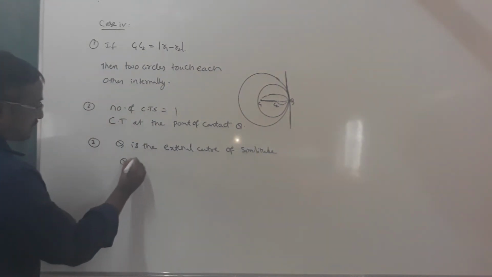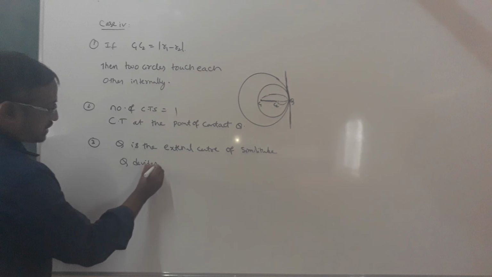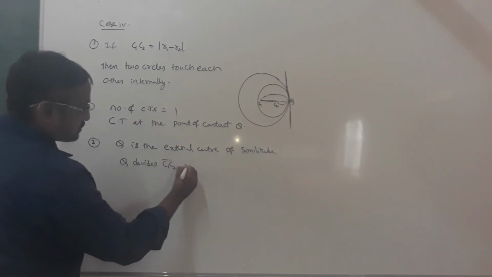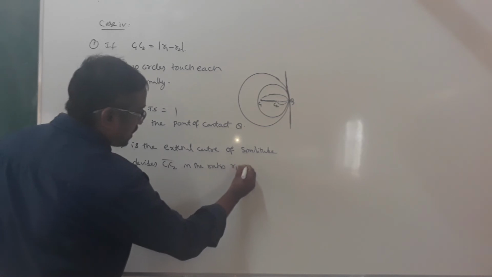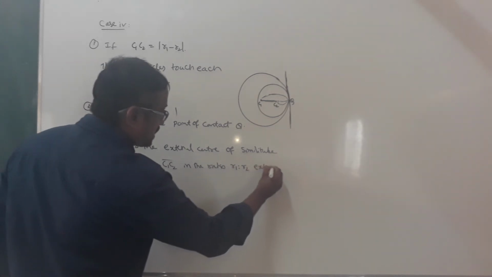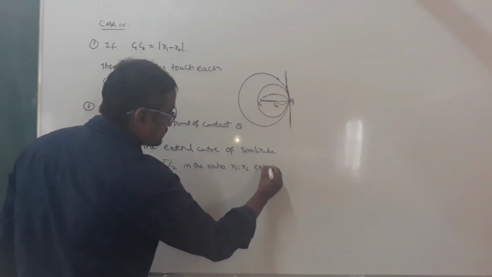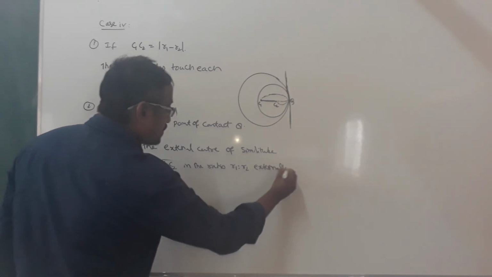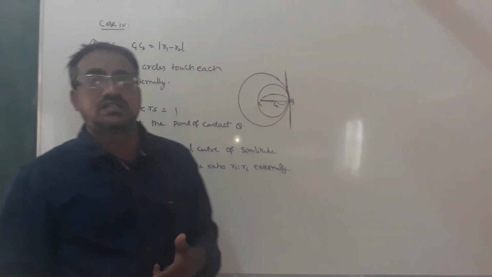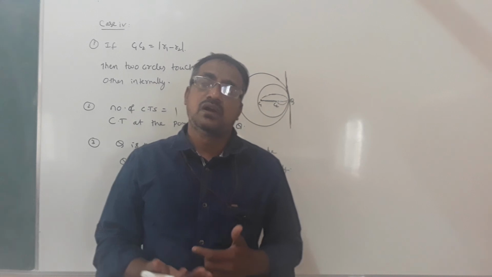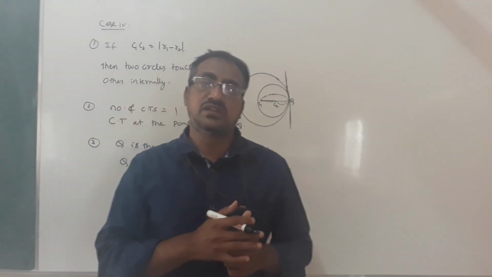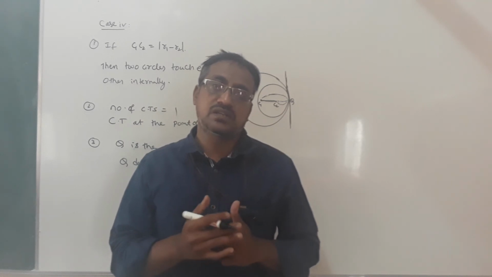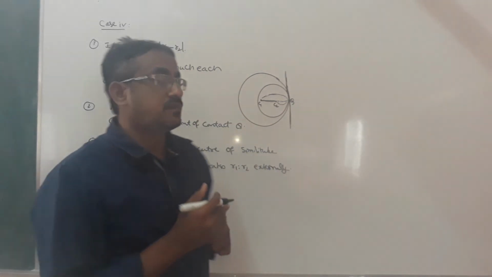So Q divides C1 C2 in the ratio R1 is to R2 externally. We all know that. If P divides C1 C2 in the ratio R1 is to R2 internally, then Q divides C1 C2 in the ratio R1 is to R2 externally.